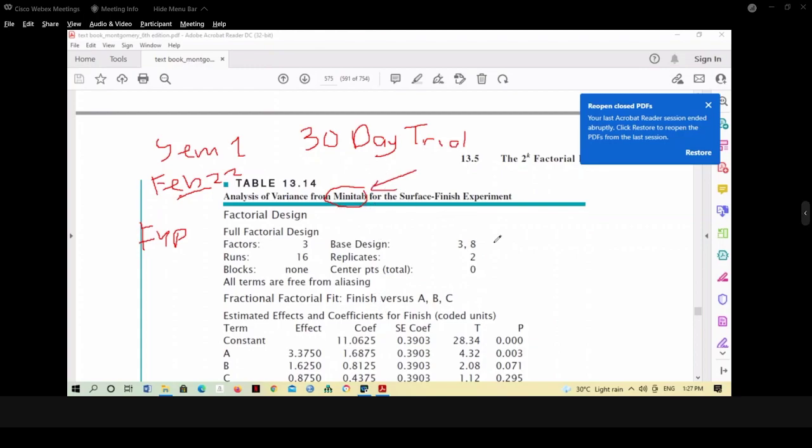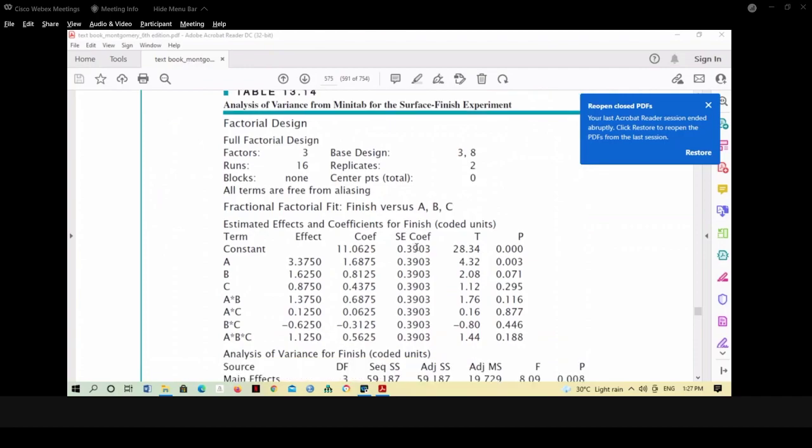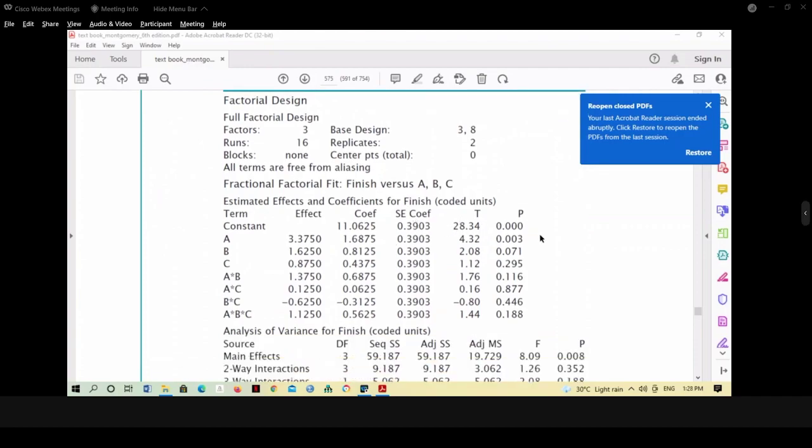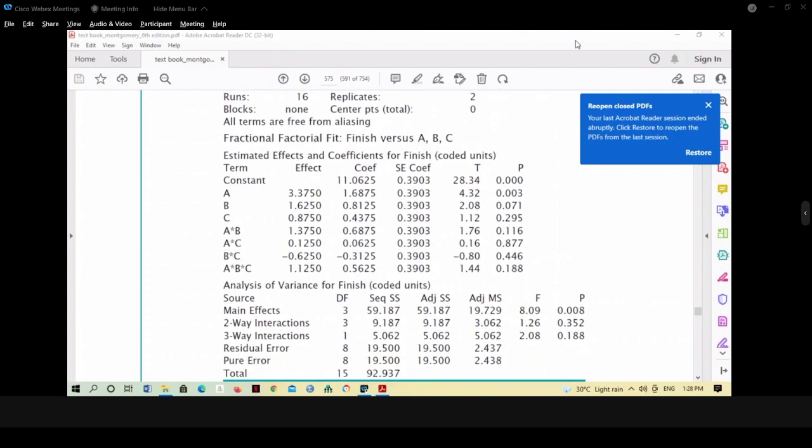All these are output from Minitab. That's why I mentioned Minitab many times. From this Minitab output, you must be able to analyze.